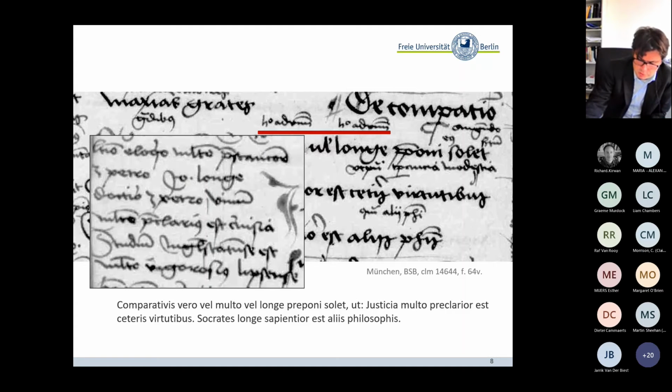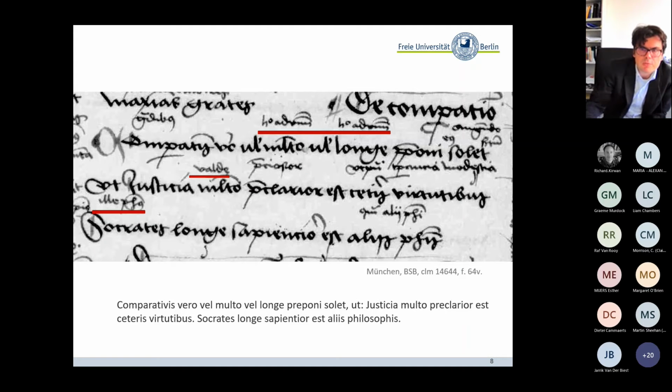Above virtutibus, with temperantia and modestia, some other virtues are named. These notes are rather short, comprise often only one or two words, and they represent basic explanation of the Latin text given by the master.